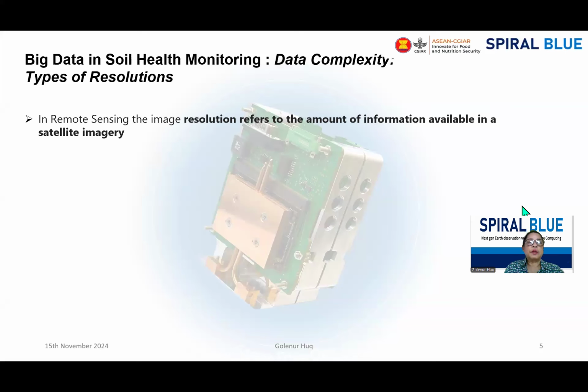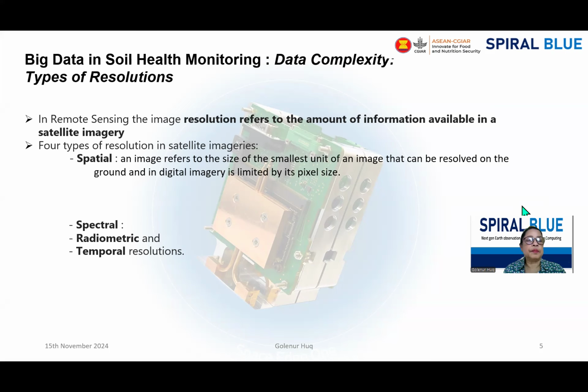Now let's check out data complexity. In remote sensing, the image resolution refers to the amount of information available in satellite imagery. There are 4 types of resolutions in satellite imagery. First one is spatial resolution.